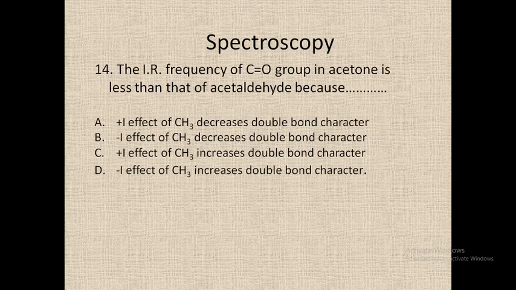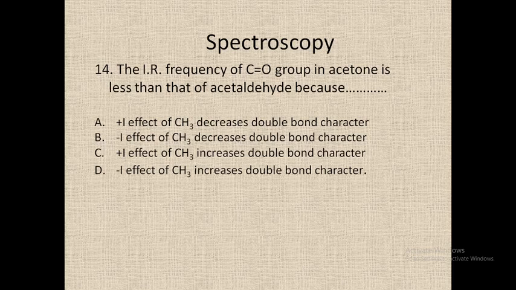So what should be the answer? We all know that the methyl group shows plus I effect. So the methyl group never shows minus I effect. So B and D will not be the answer. So the answer should be A or C.